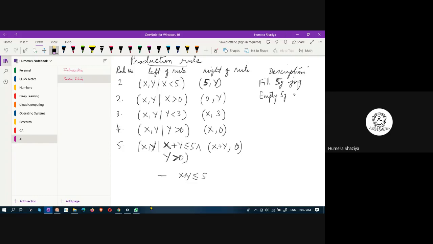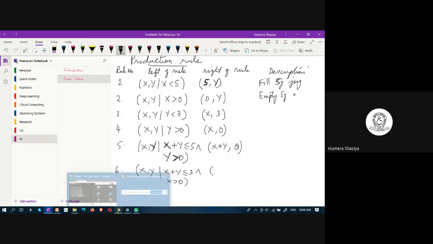In the next rule, which is the sixth rule, it is mentioned that (X, Y) means 5 liter and 3 liter jug such that X plus Y is less than or equal to 3 and X is greater than 0, which means that there is some water.